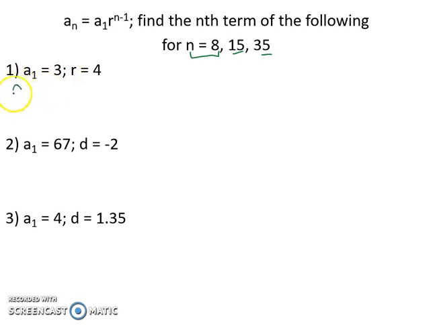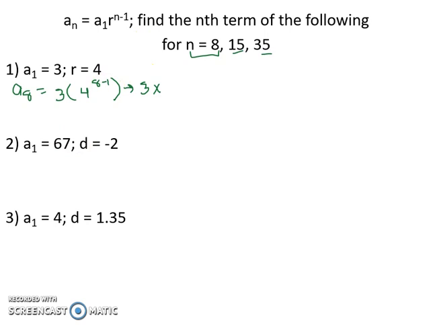So let's say A8 is going to be 3 times 4 to the 8 minus 1, which is 7. So this is 3 times 4 to the 7th power, and 4 to the 7th power is 16,384.